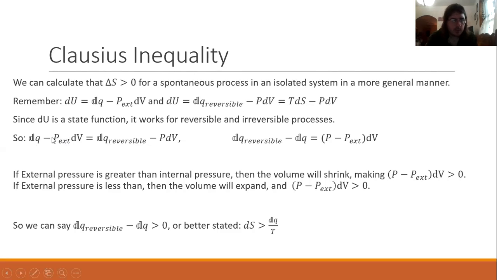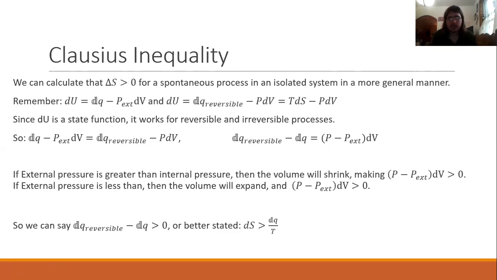So again, the Q is on one side and the P is on one side. Let's say that dQ reversible minus dQ is equal to P minus P external dV. Now, if the external pressure is greater than the internal pressure, which is our P, the volume will shrink, making P minus P external less than 0.